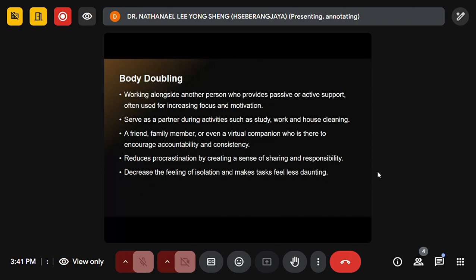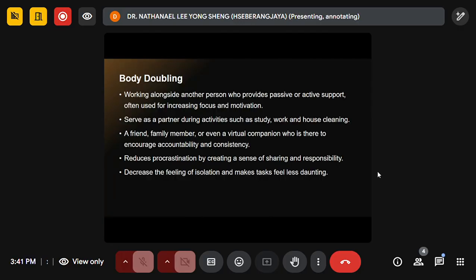This is just an example. And another concept, a new concept that I'm introducing now, is body doubling. It is a way of coping with the ADHD condition.